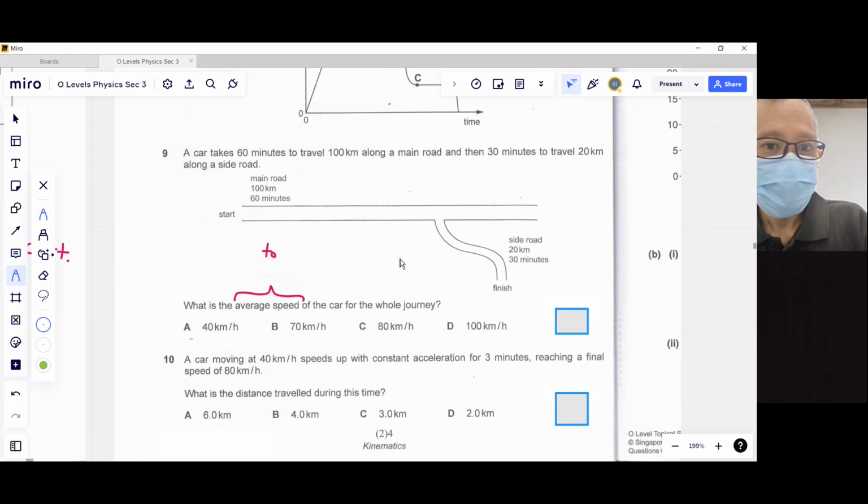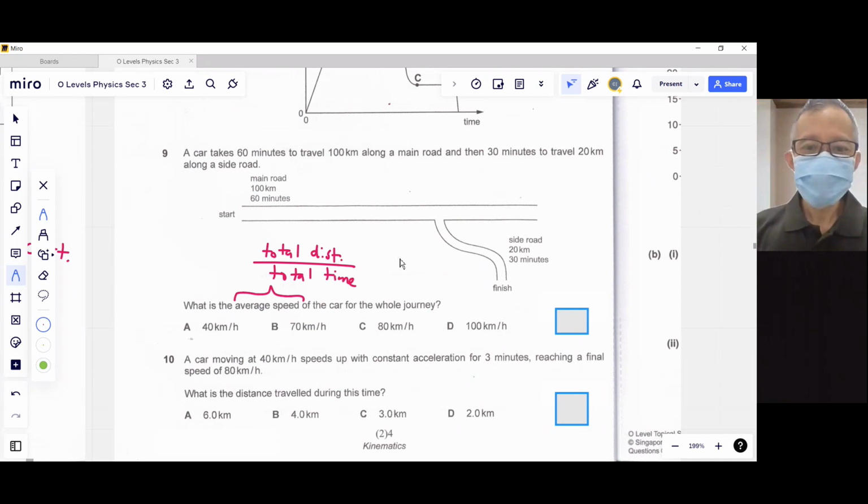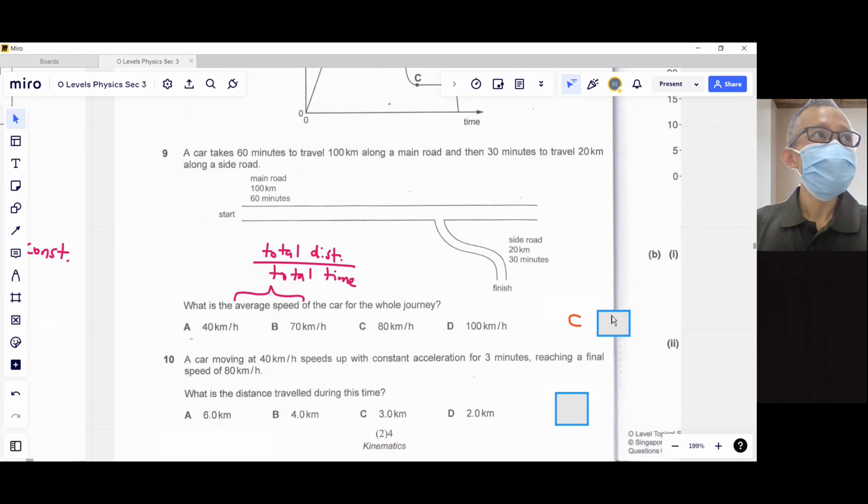So, total distance over total time. Don't be careless and forget it. If you work it out, you should get C as the answer. Anyway, you should know that formula too.